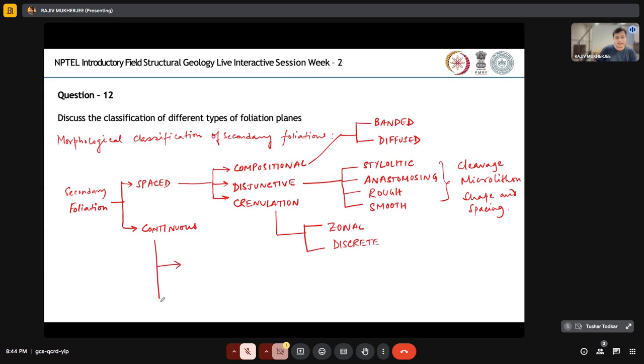Again, continuous cleavage can be classified into two categories. One is fine continuous and the other one is coarse continuous.